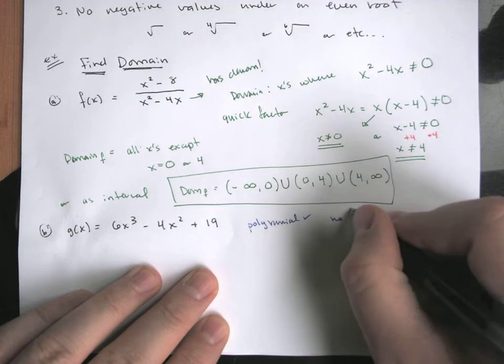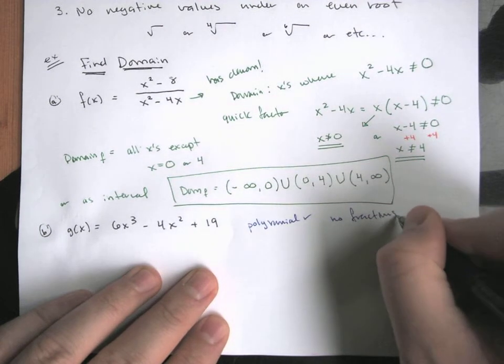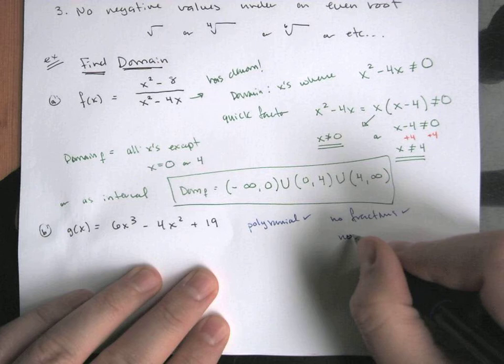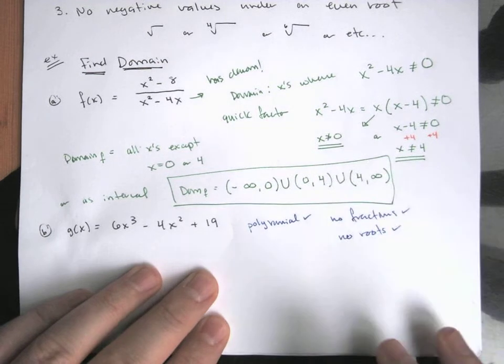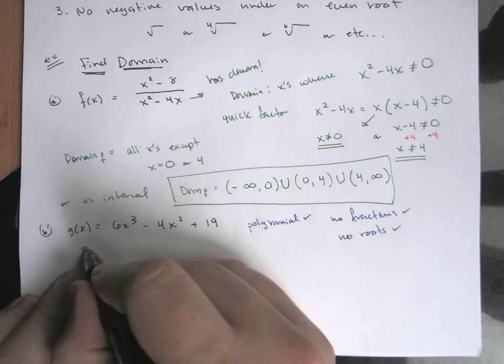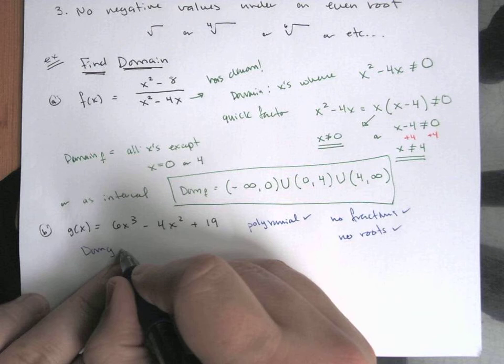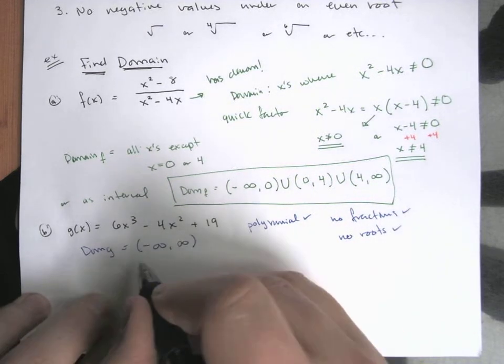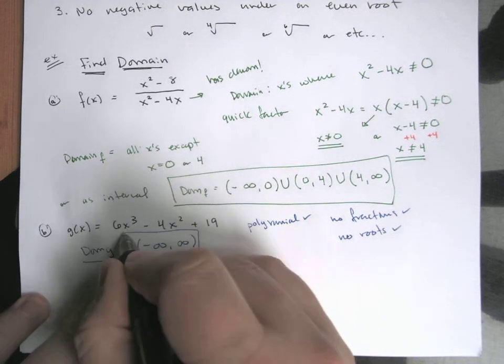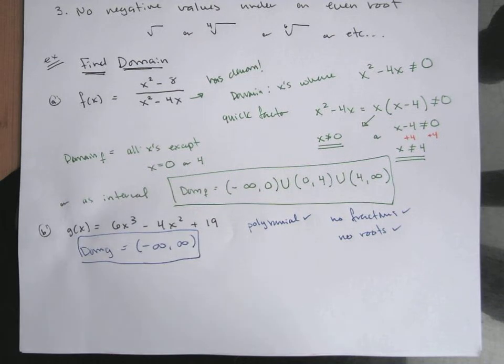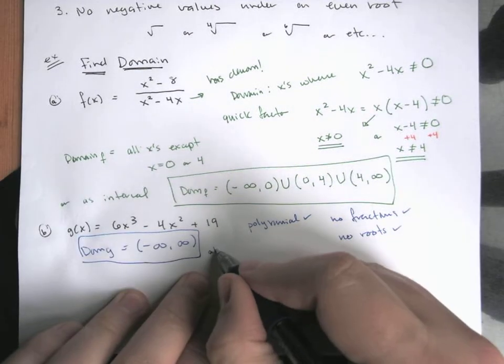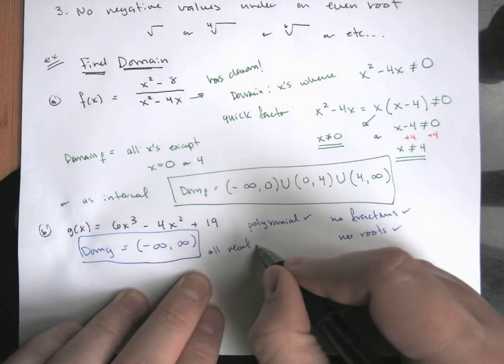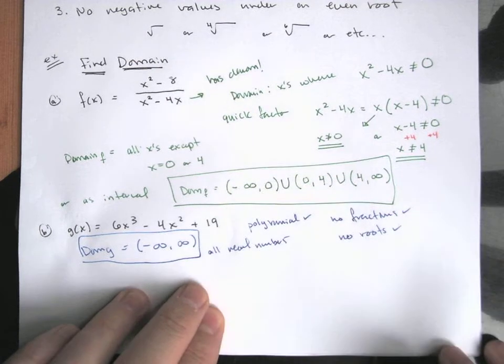Polynomial check. No fractions, no roots, no problems at all. So our domain here, without even having to do any real algebra work, we can jump right into it and say the domain is going to run from negative infinity to infinity. It's just all the real numbers. And we're good to go.